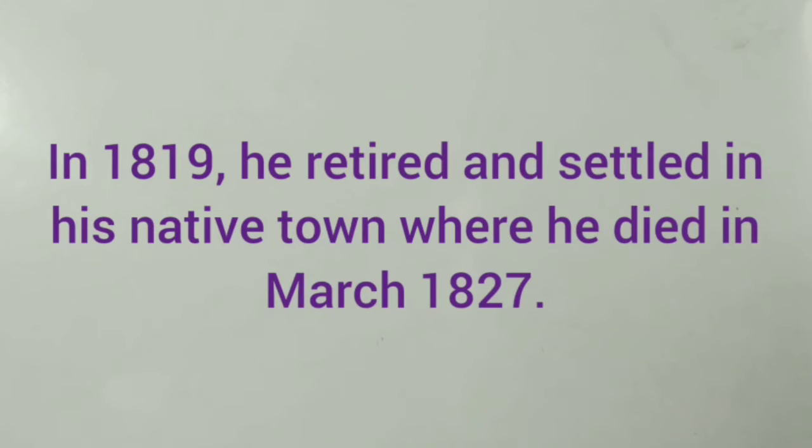In 1819, he retired and settled in his native town, where he died in March 1827. This is the passage we have learned about Alessandro Volta, and we already have collected so much information. Now we should complete our table.